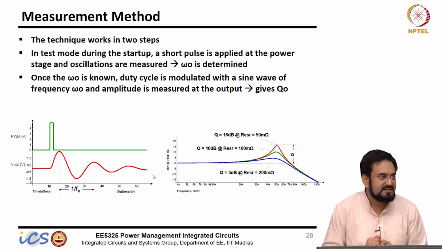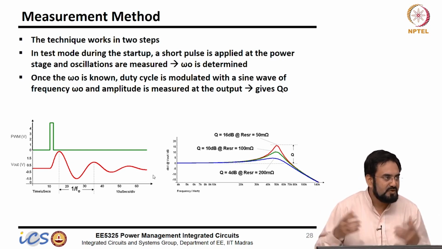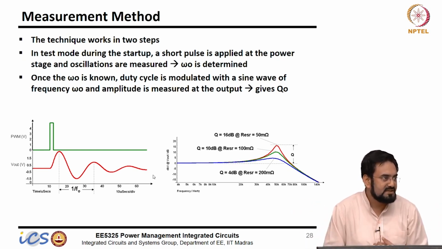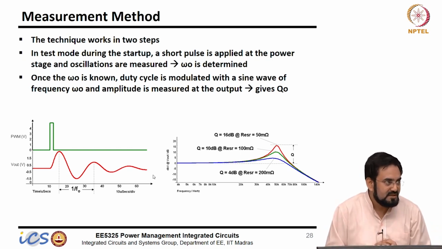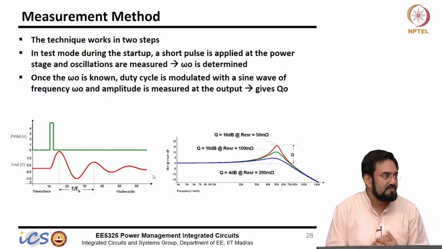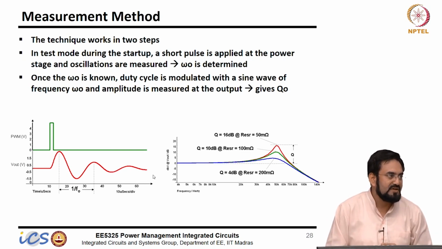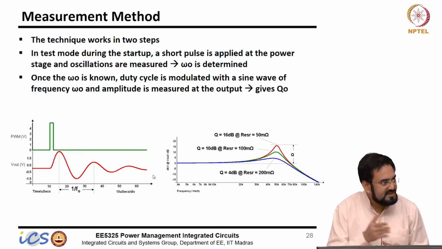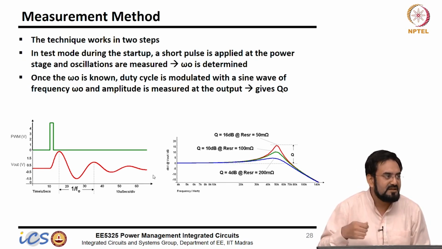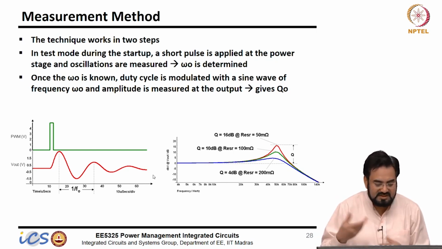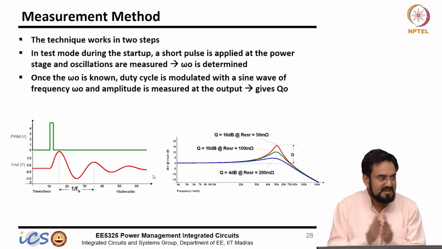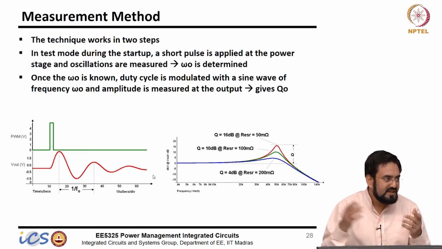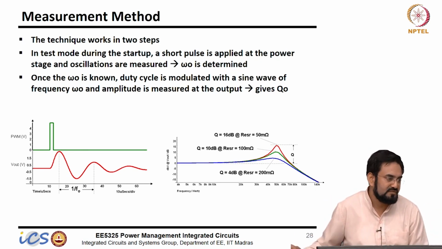Any dynamic changes, once your converter is running, due to change in input and output voltages, or due to change in any other parameters due to temperature, the location of your omega naught may change. It is quite possible, or your gain may change if your V in or V out is changing. Then you have to adjust your parameters accordingly. Those things can be done on the fly in the background. This will be running because you are already measuring your L. So if there is any change in the L, that can be taken care of.